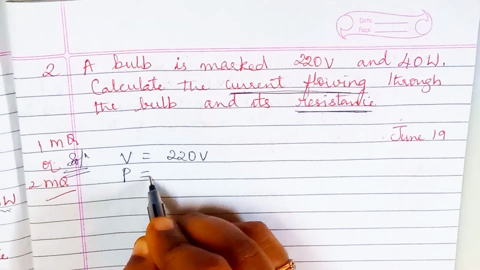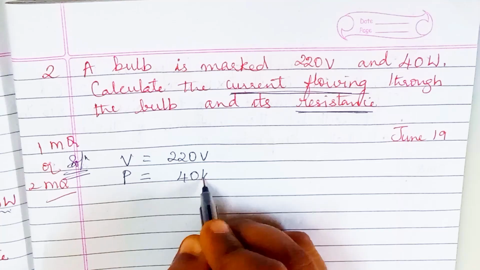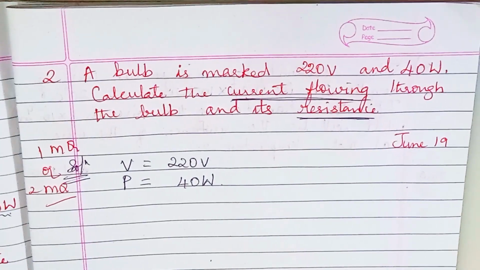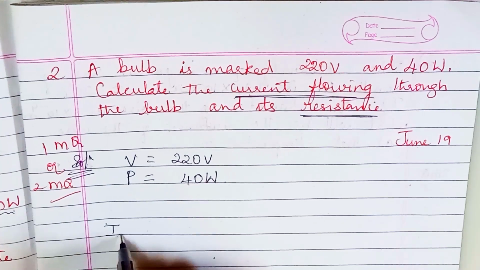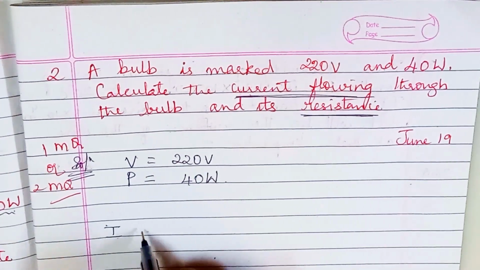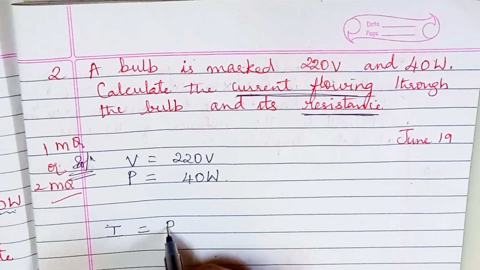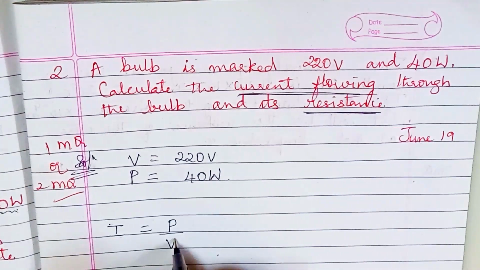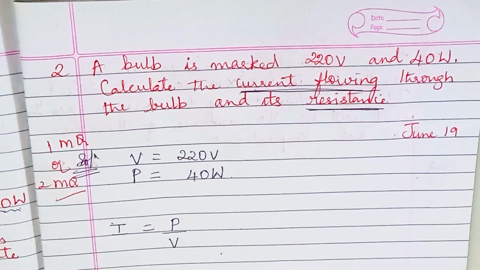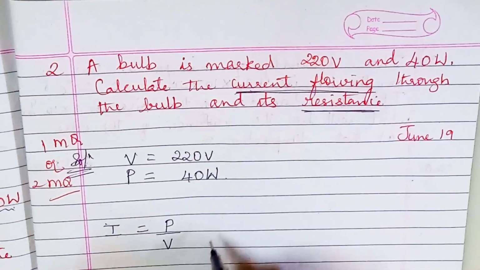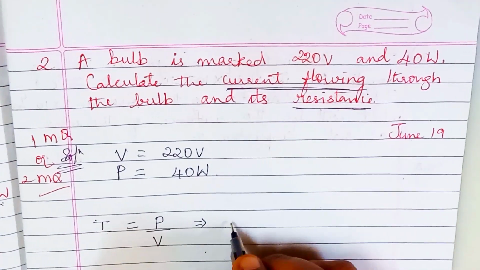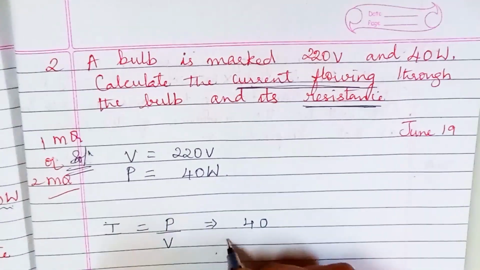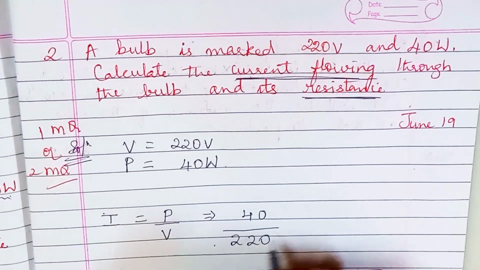Power P is equal to how much? It is equal to 40 watts. I know the formula for current. Current is represented by I. Current is equal to power consumed divided by the voltage, or we can also call it the potential difference. Now I is equal to P, which is 40, divided by 220 volts.